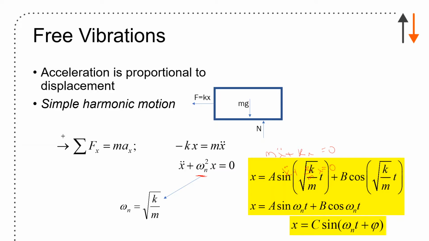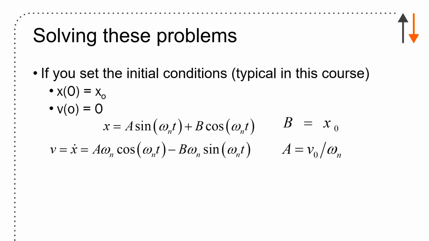And I can use another form of this expression, which is x is equal to c sine omega n t. What you've done to solve these problems, not really solve them, you've just set them up for solution, is either have an initial displacement with the particle starting from rest, and solve through for x or v based on that. x is equal to a sine omega n t plus b cos omega n t. Then b is equal to x naught, because a sine omega n t at time equals 0 is 0, and cos omega n t at time equals 0 is 1.